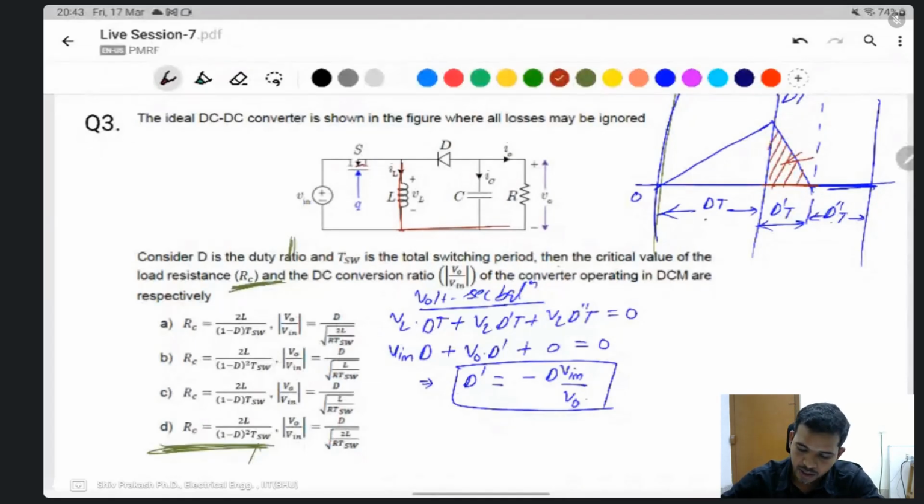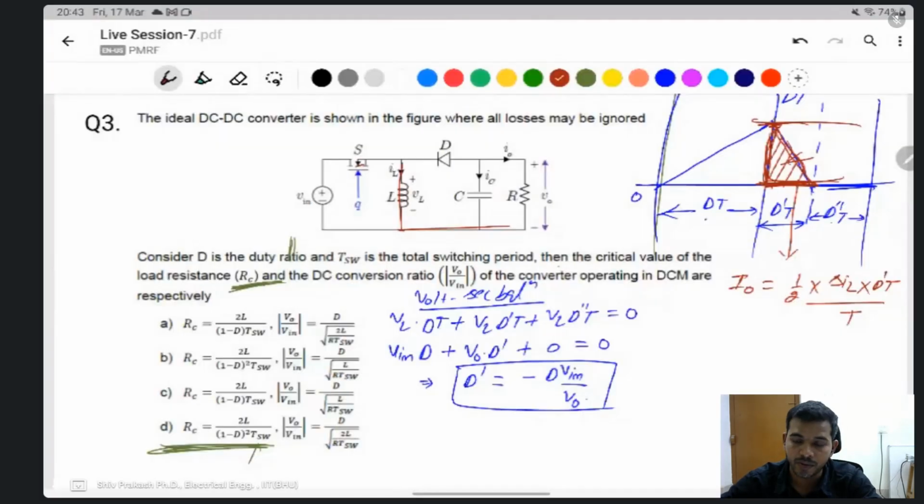Then the average output current is the average of this one: area of this one, half delta IL, this one is the delta IL, the height of this one, delta IL into time D dash T, divided by the total time period, for finding the average value of I naught. Then I naught will be D dash delta IL by 2.